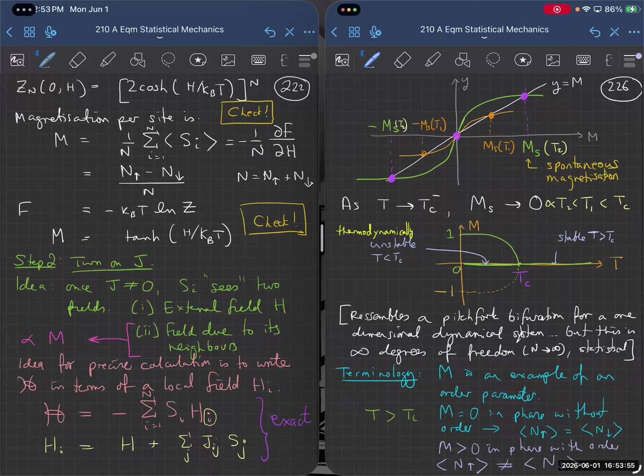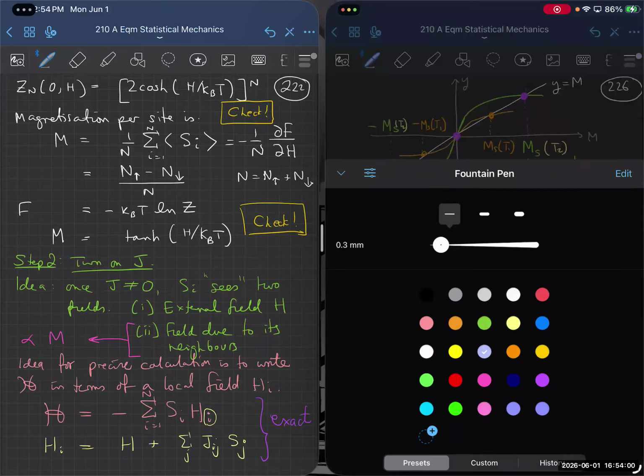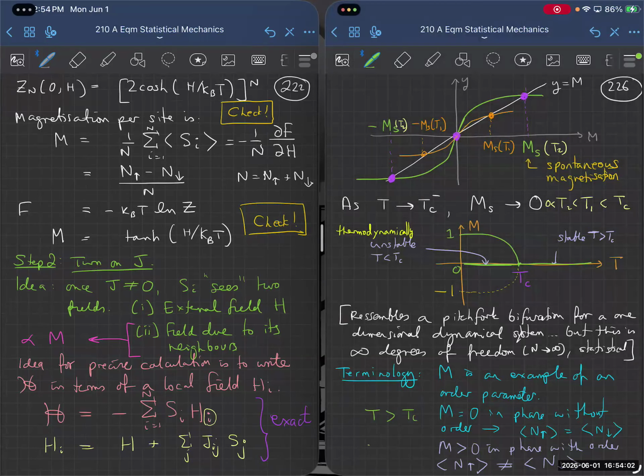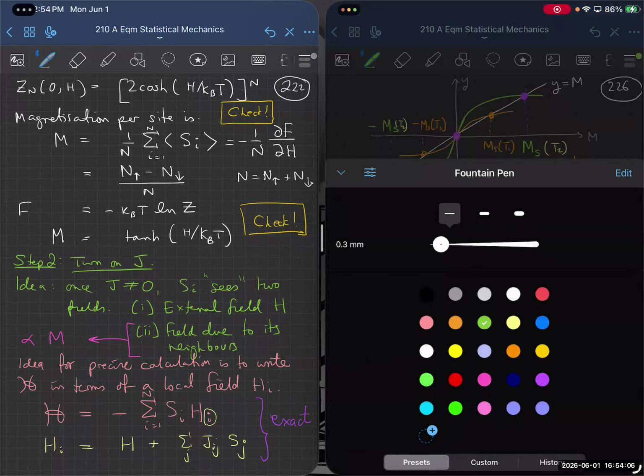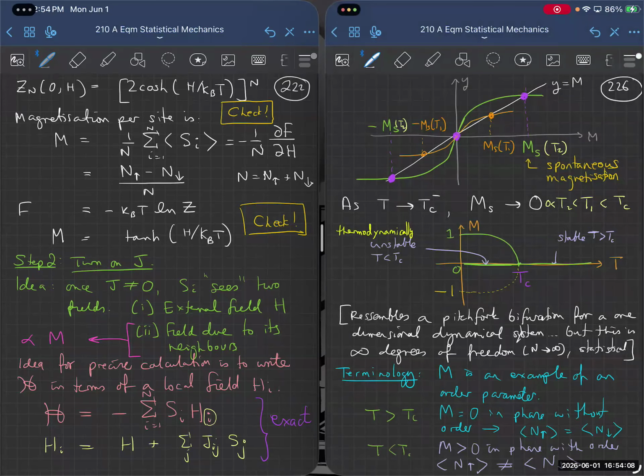Either it's less than that or bigger than that. And so in that phase, when t is less than tc, we can think of the system as looking something like this, with a low temperature limit.